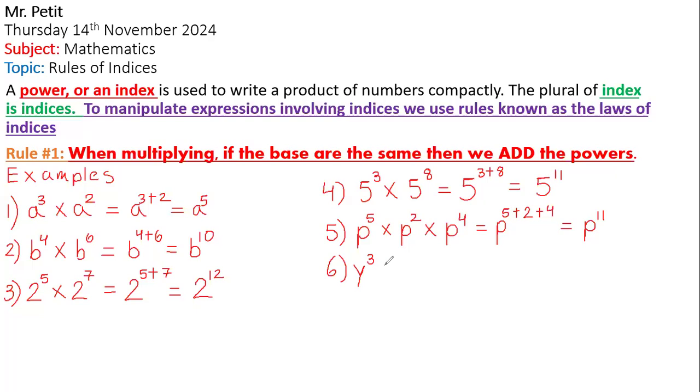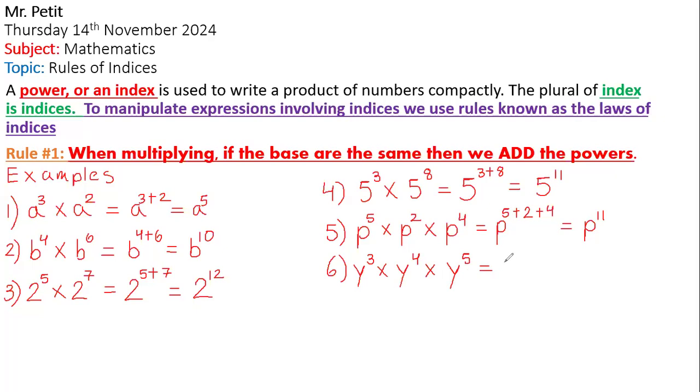Okay, let's say we have y times y to the power of 4 multiplied by y to the power of 5. Let me enable the chat so y'all can type your answer. What's your answer for this one?